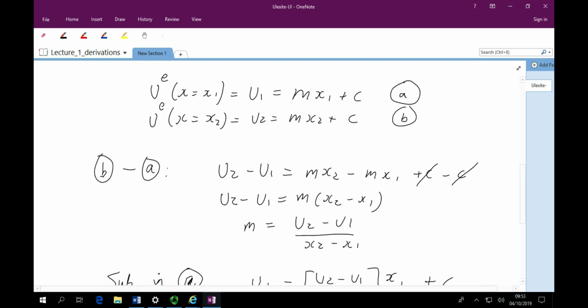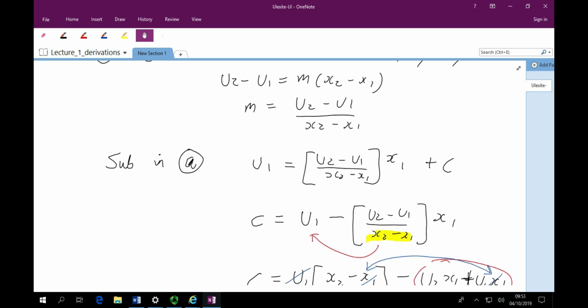Okay, so now we have our equations here for a general element, u element. And what we want to do is basically just substitute these values of m and c that we now know into that equation. So I'm going to just do that down the bottom here.